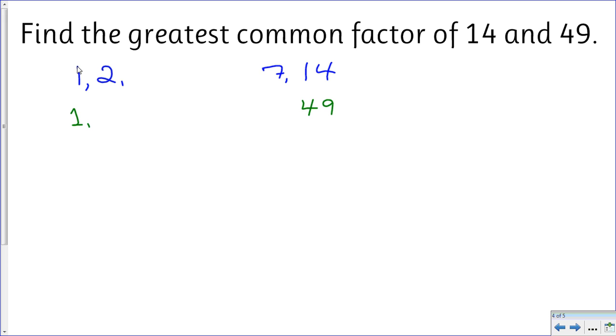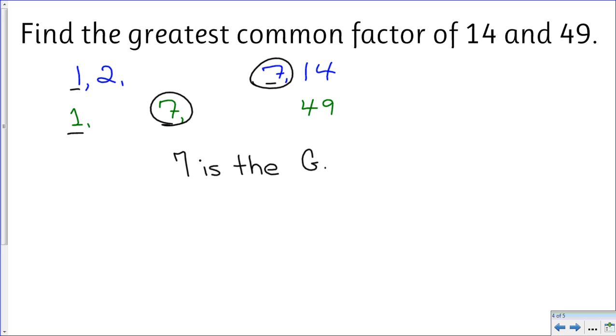And then we have 7 multiplied by 7. 7 times 7 is 49. If we look at the list, we have common factors 1 and 7. So the greatest common factor in both of them is 7. 7 is the greatest common factor of 14 and 49.